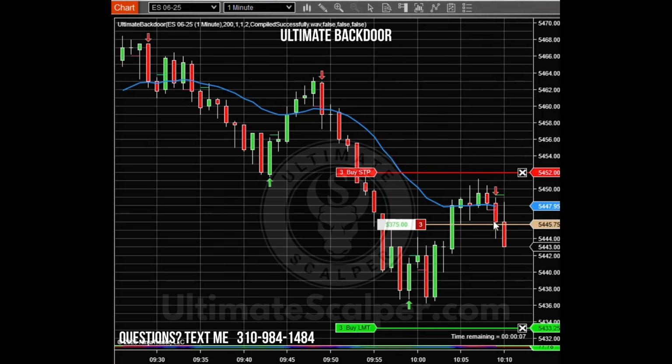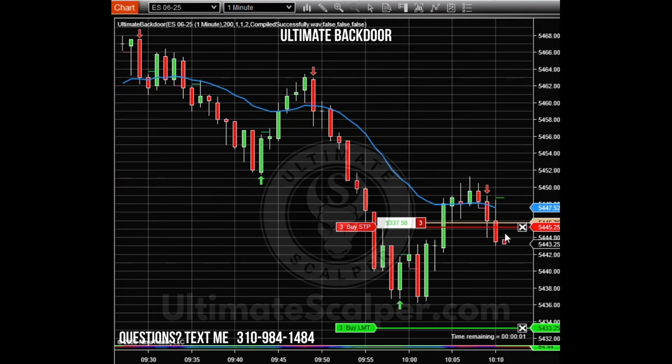Okay, so I got stopped out a couple of times, and as price moved back up, I took a breakout of the candle body as it broke through the candle body, as opposed to the breakout of the actual candle itself, just to get in a little earlier. Now, I don't talk about that entry much, but you can do it in certain situations where it presents itself to you.